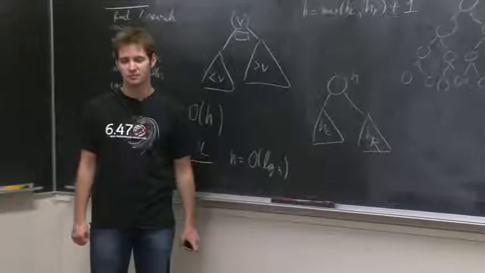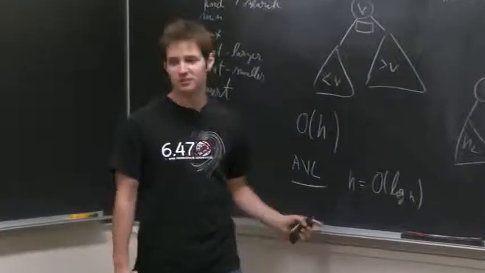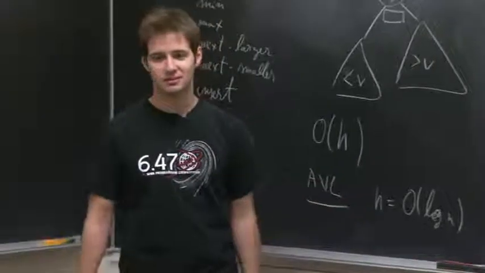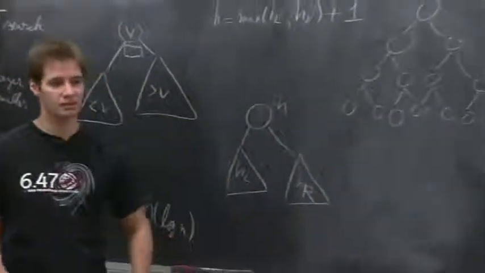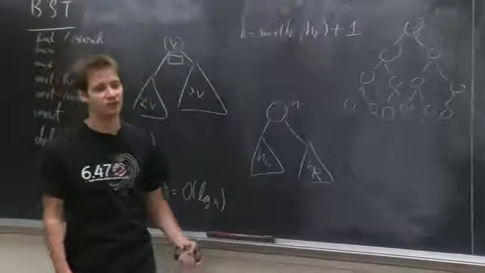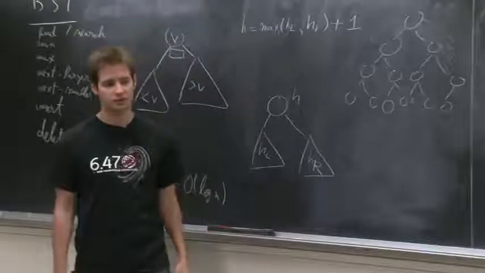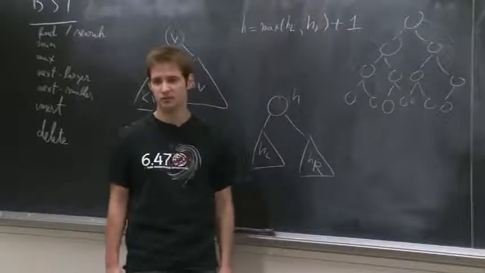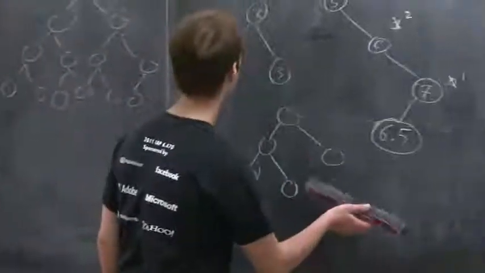So it just varies by a constant. And since we only care about asymptotics in this class, we're happy. But we don't know how to build this. This is just something pretty that you draw on a board, but we don't have an algorithm that efficiently builds this out of a random series of insertions and deletions. I hope we don't. Otherwise, I look bad.